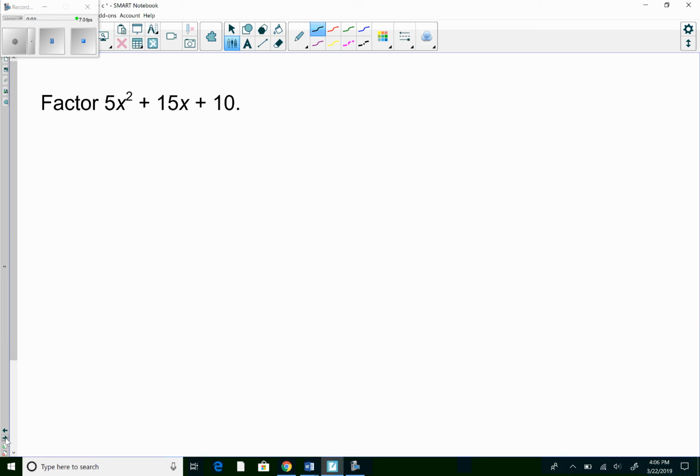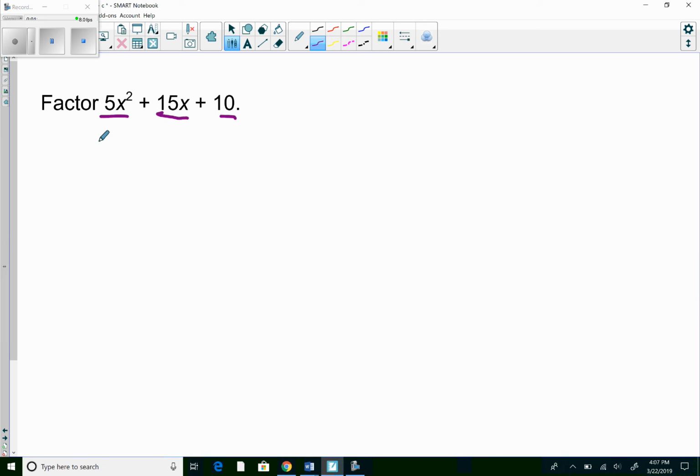So they jump right in because they already assume that you guys know how to factor, which you do because we just spent a little bit of time yesterday and today on it. Okay, first things first. Hopefully you guys notice that there is a common factor amongst all three of these terms. We got 5x squared plus 15x plus 10.